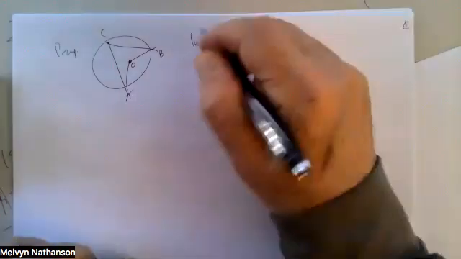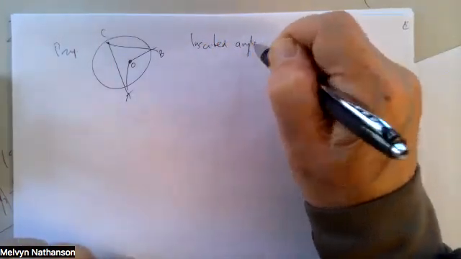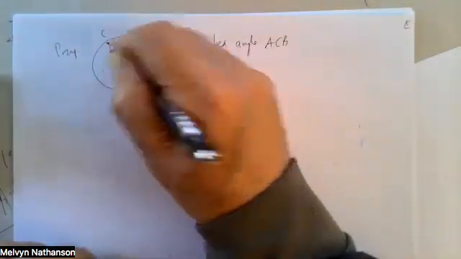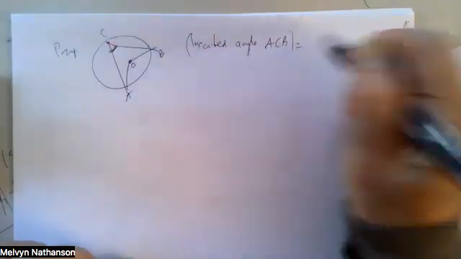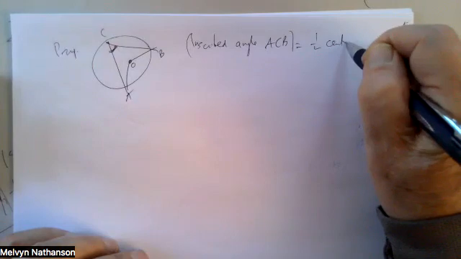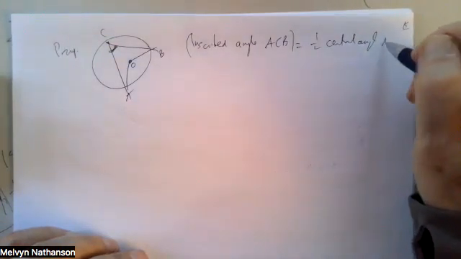So this is just to summarize. The inscribed angle ACB is half of the central angle AOB.